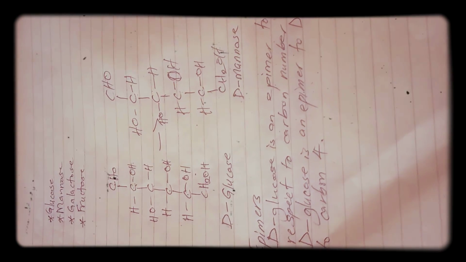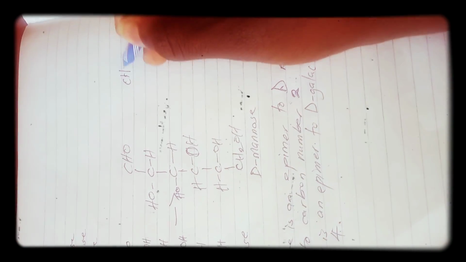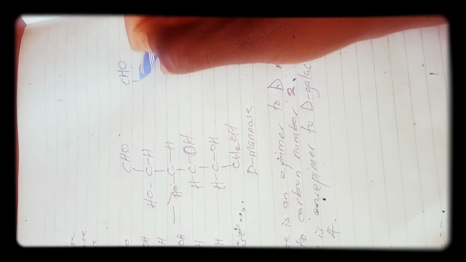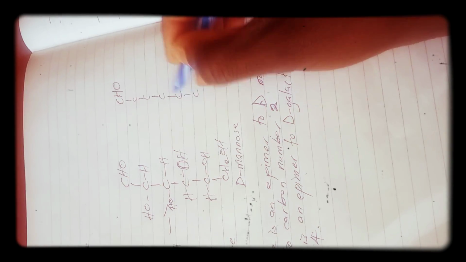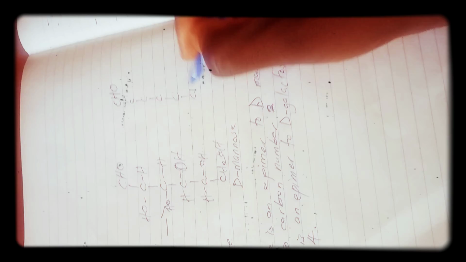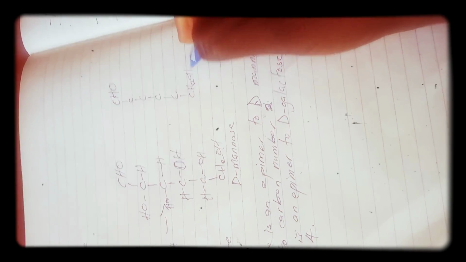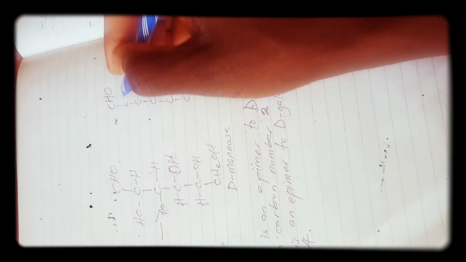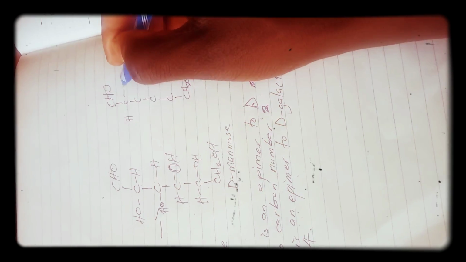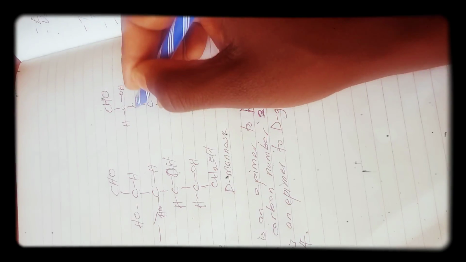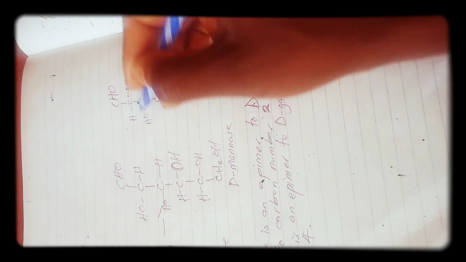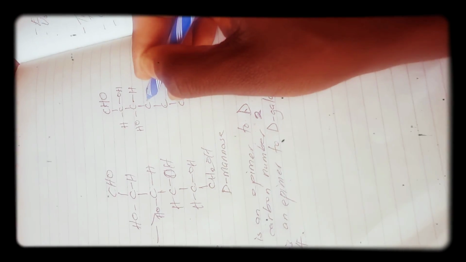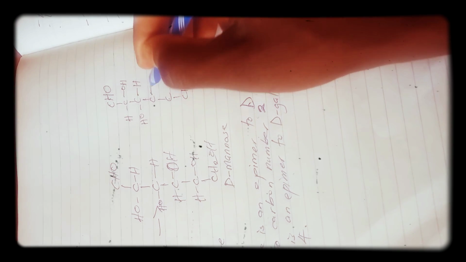So if you want to write a D-galactose, it will be this way: CHO, 2 3 4 5 6. So it will be the same except on carbon number 4. And here is carbon number 4.